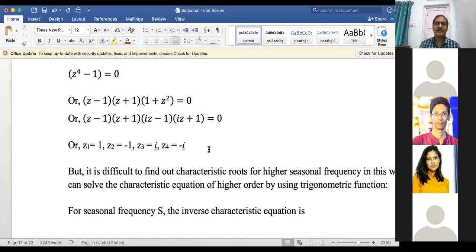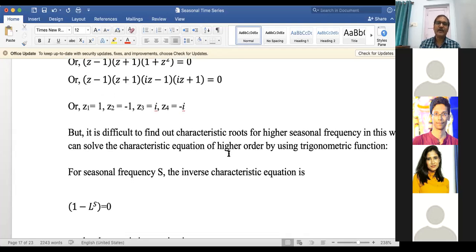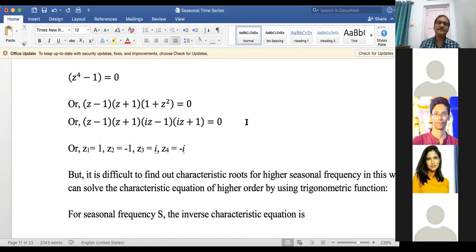So in that case, we can follow another route. We can solve the characteristic equation in another way. If you are familiar with numerical analysis, there are different ways of solving polynomial functions, and one possible way is to use the trigonometric function. By using the trigonometric function, we can generalize the solution method for any order of seasonality.